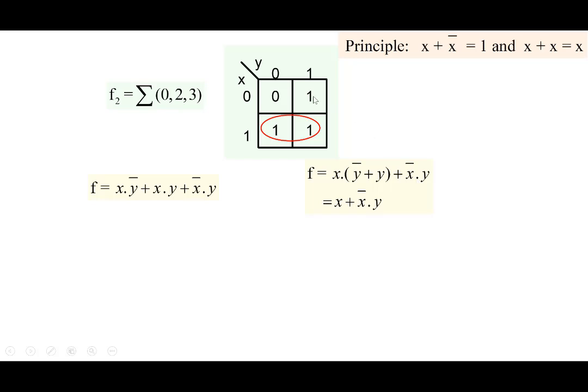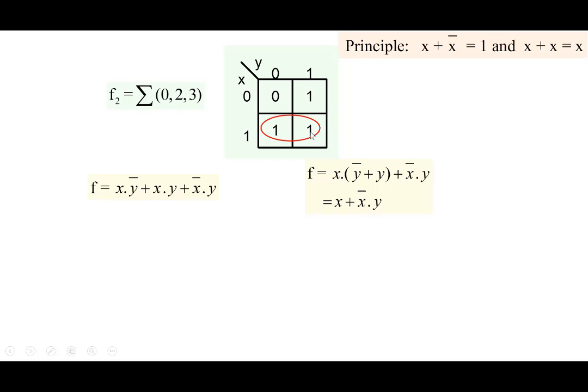So how do we simplify? This particular principle says that when you combine one term with another, say you combine this term with this one here, it doesn't mean that this particular term is no longer available. What we are saying is x plus x equal to x. So this is also available. You can make another copy of it, add another x to our expression, and nothing will change.